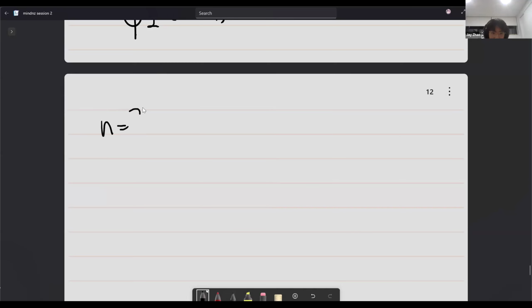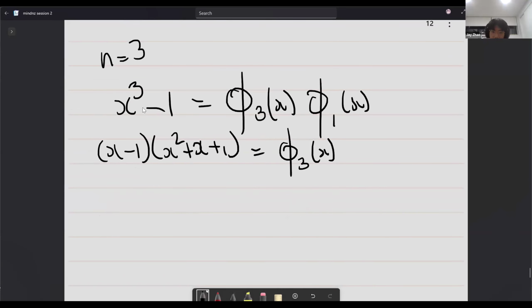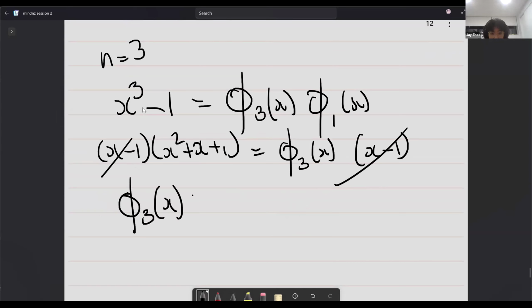For n equals 3, x^3 minus 1 is equal to phi of 3 of x times phi of 1 of x, and then you can factor out this. So divide out by both sides, and then the third cyclotomic polynomial is this.